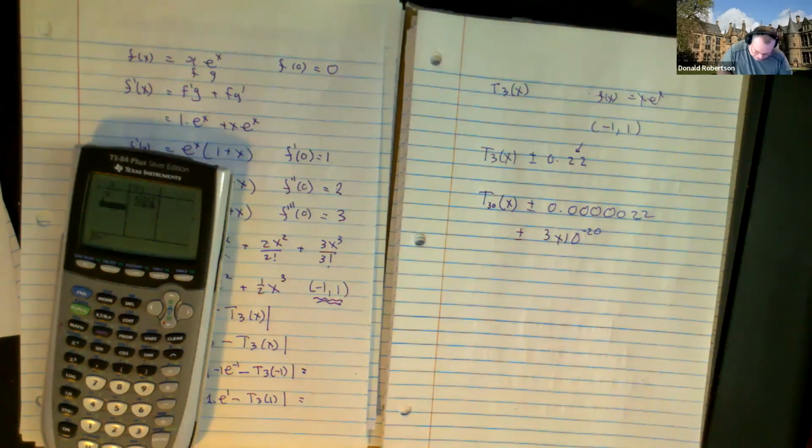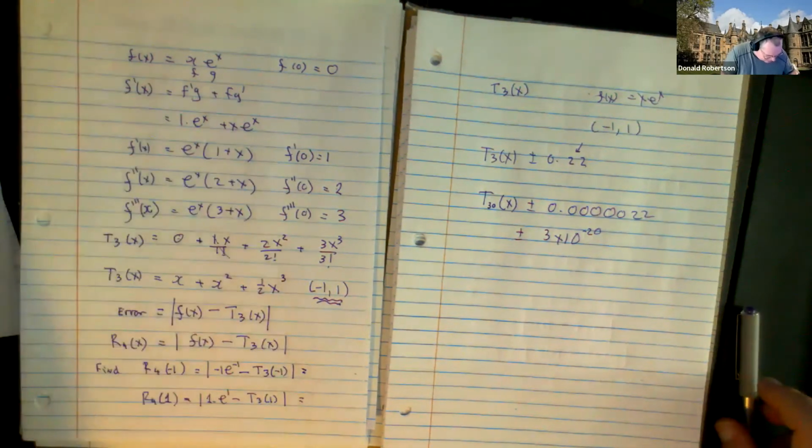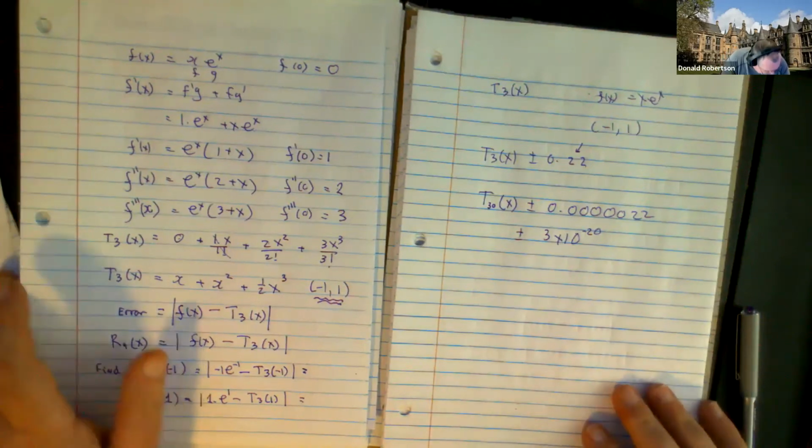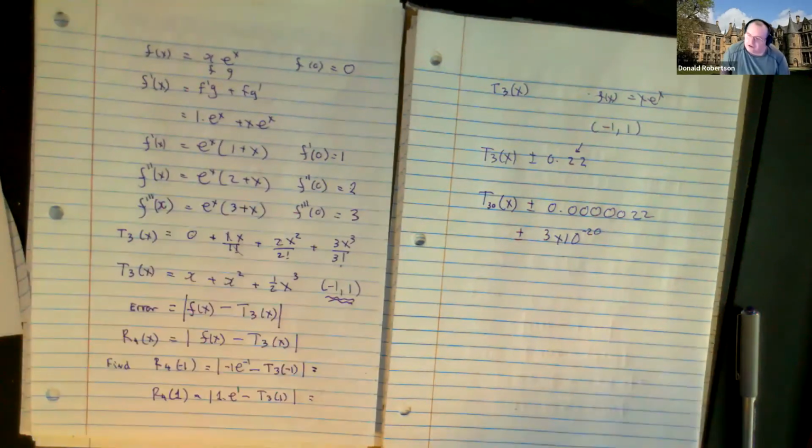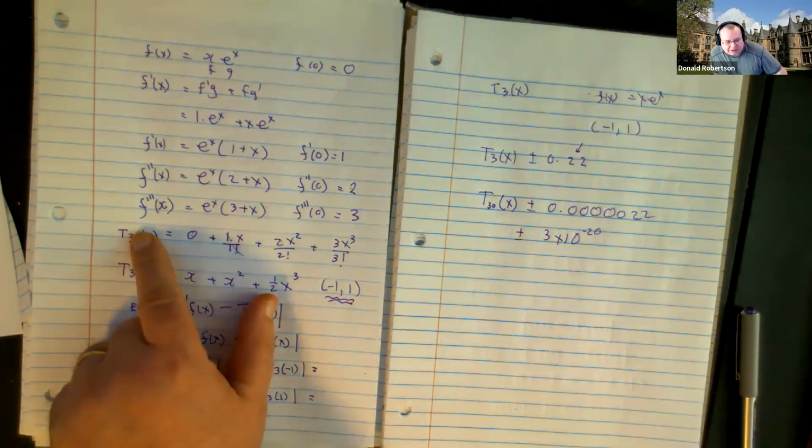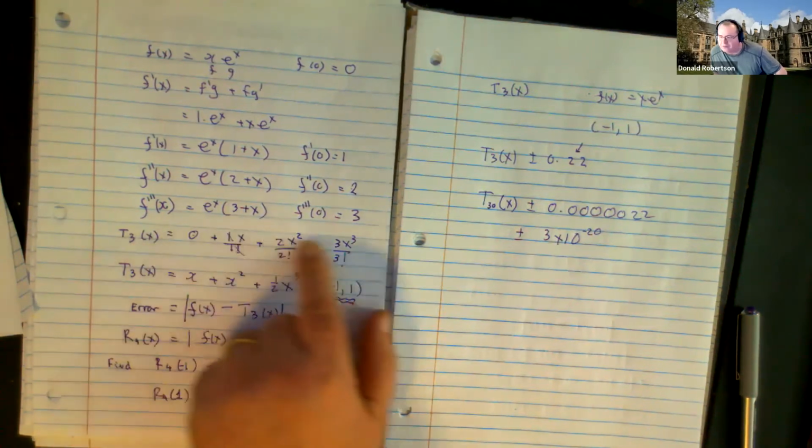That is a pretty significant improvement on calculations, right? If you looked into the insides of any computer program that calculates things, e to the x, sine x, anything like that, I would strongly believe that you're going to find one of these guys.